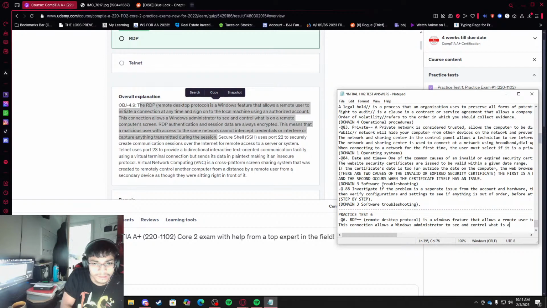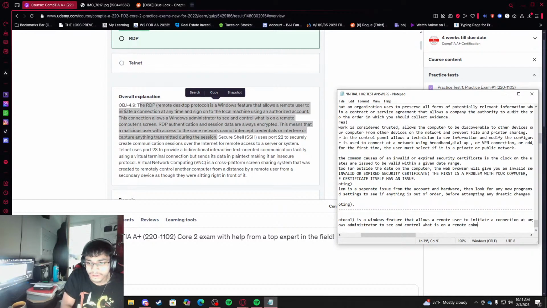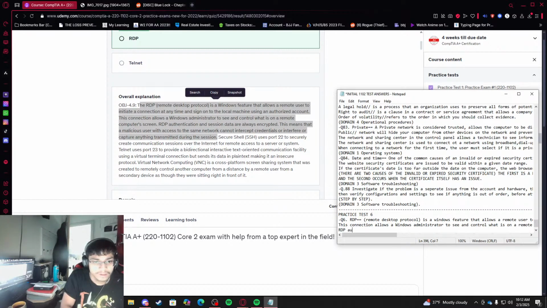Control what is on a remote computer. Encrypted.